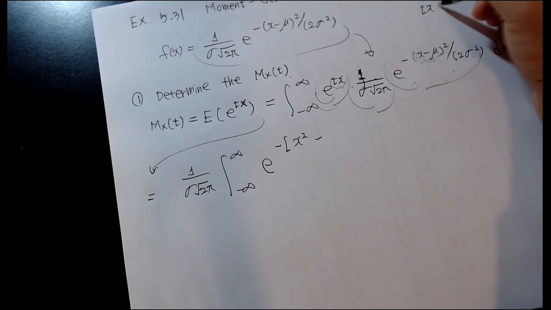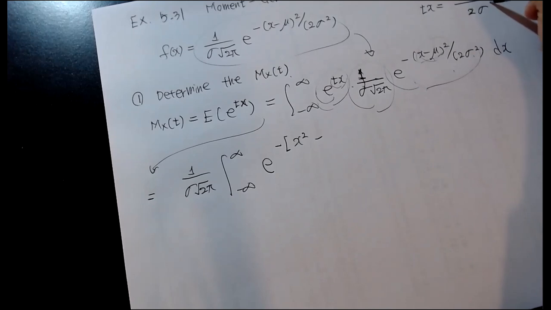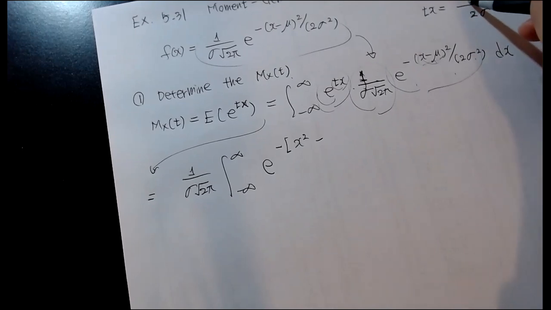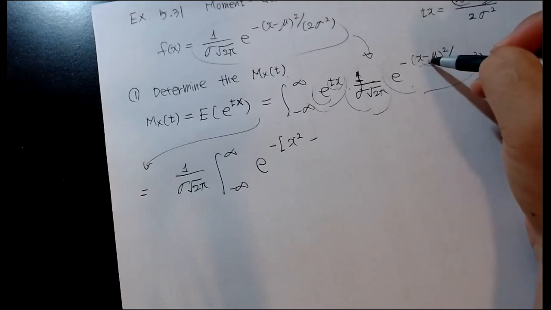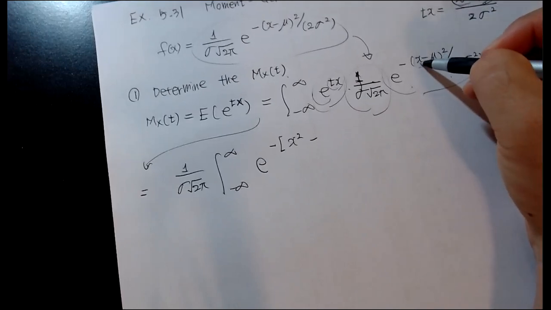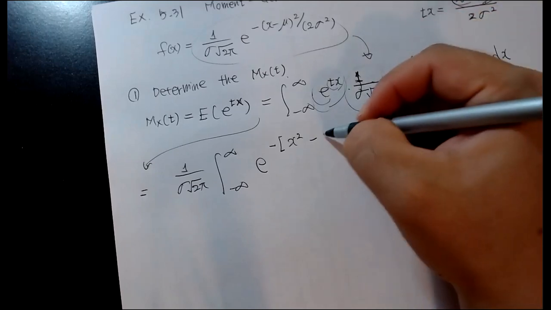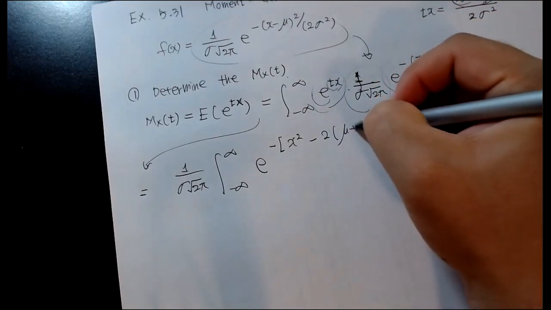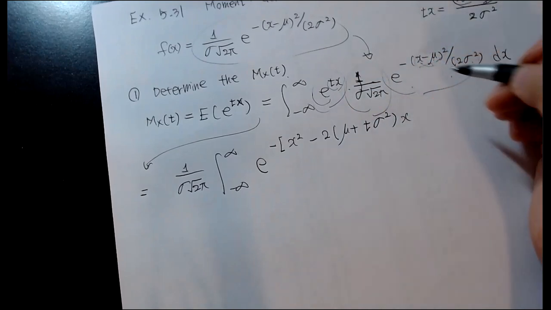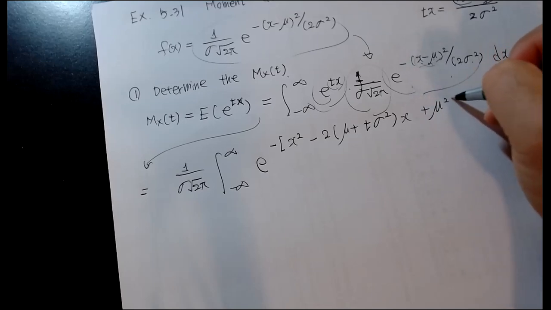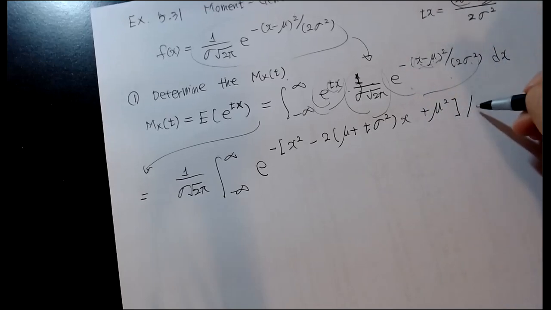So tx is actually 2 sigma squared tx over 2 sigma squared. That is an x term, so we combine it with minus 2 mu x. Then we get minus 2 times (mu plus t sigma squared) times x, plus mu squared, all divided by 2 sigma squared, dx.